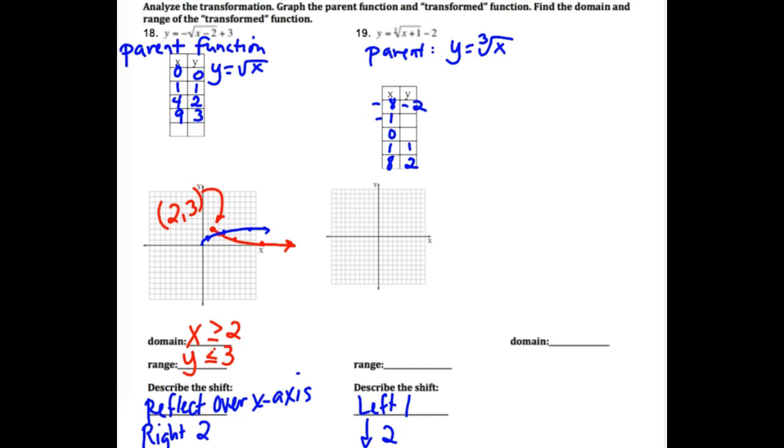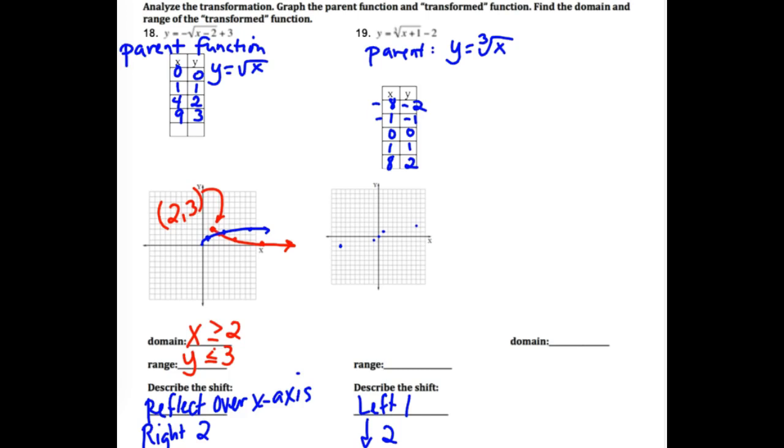The cube root of 1 is 1, the cube root of -1 is -1, and the cube root of 0 is 0. So plotting those points: -8, -2, -1, -1, 0, 0, 1, 1, and 8, 2. It's going to look like that sideways twist. And again, I will draw that in, but I'm going to wait till we've moved the points.